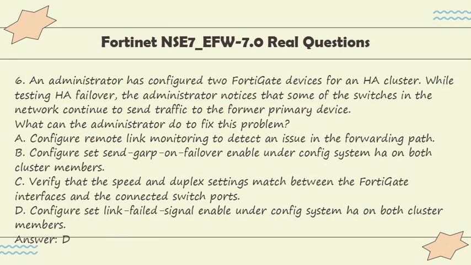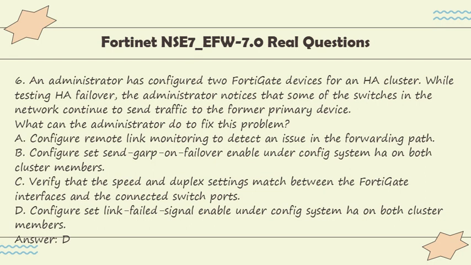6. An administrator has configured 2 FortiGate devices for an HA cluster. While testing HA failover, the administrator notices that some of the switches in the network continue to send traffic to the former primary device. What can the administrator do to fix this problem? A. Configure remote link monitoring to detect an issue in the forwarding path.